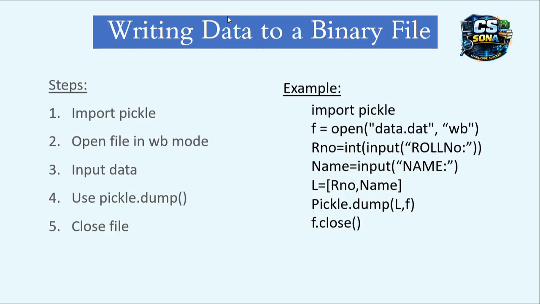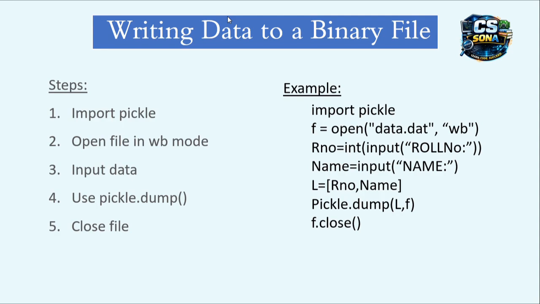Then whatever data you got from the user, you have to group it into any kind of sequence data type, and then write that data into the file using pickle.dump. Then finally you have to close the file. Don't forget to close the file to finish it.